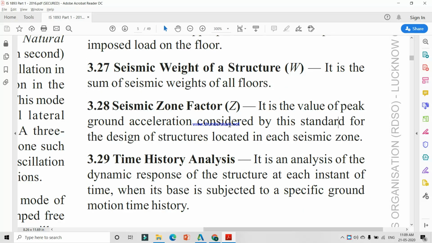The next is time history analysis. This is also called a dynamic analysis of the structure, the dynamic response of the structure at each instant of time for a specific time period.